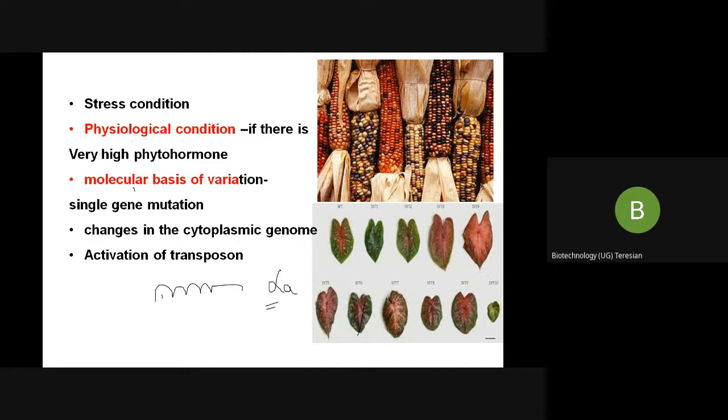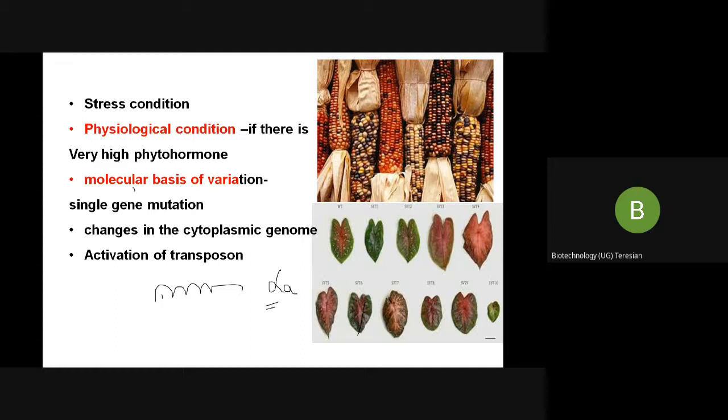We are providing all proper conditions, but to that plant it is acting as a stress. Because of that stress, it is causing mutation. A single gene in that plant is getting mutated. So this can lead to molecular variation.